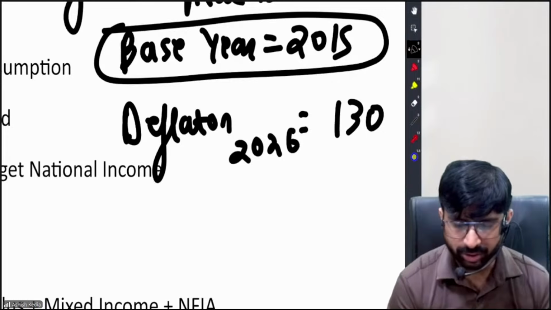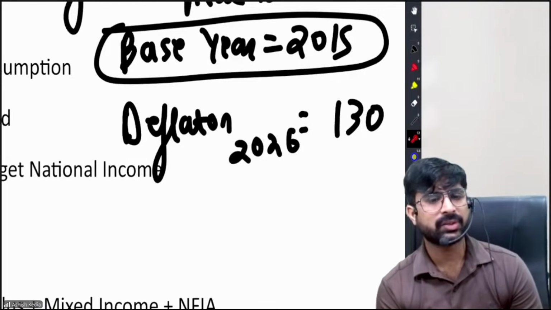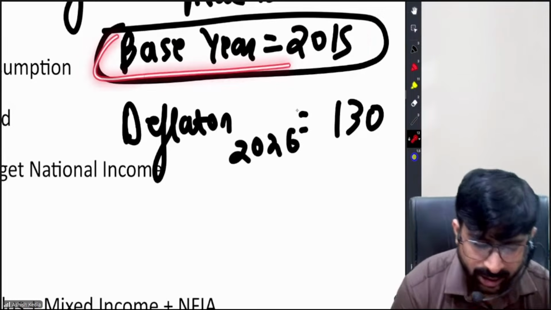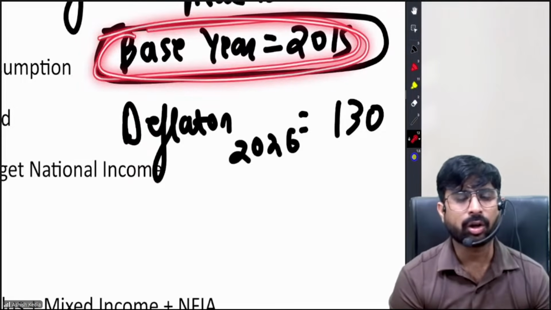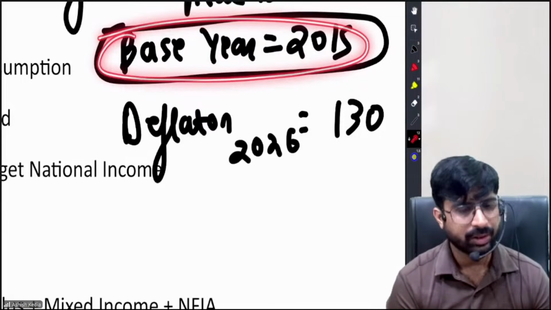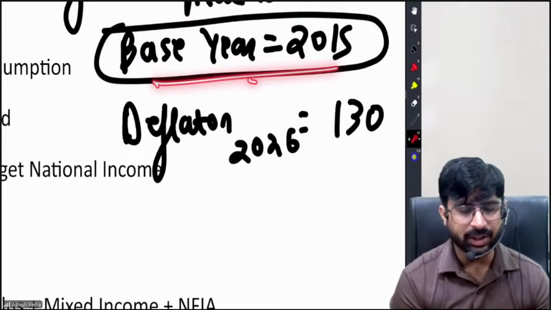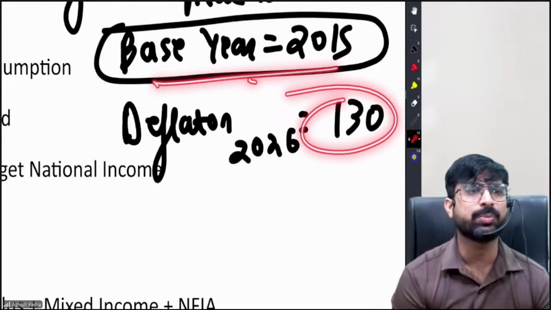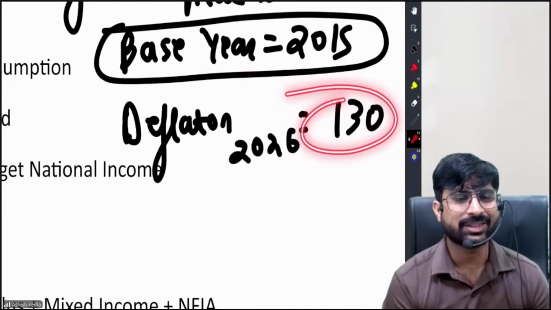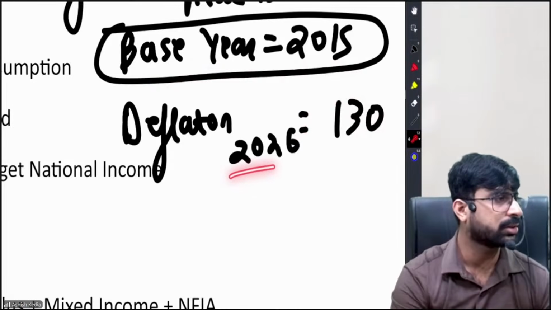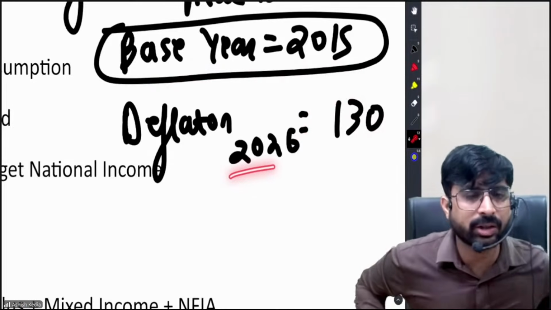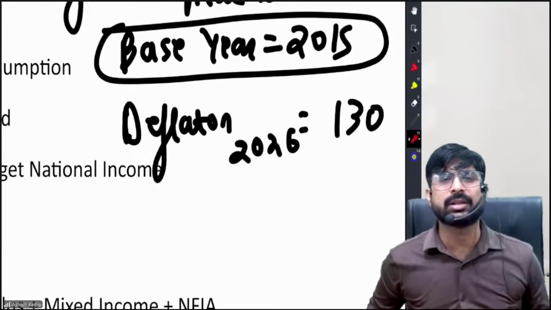It means what, sir? It means that any commodity that was selling for approximately 100 rupees in the base year 2015 is now selling at 130 rupees in 2026.